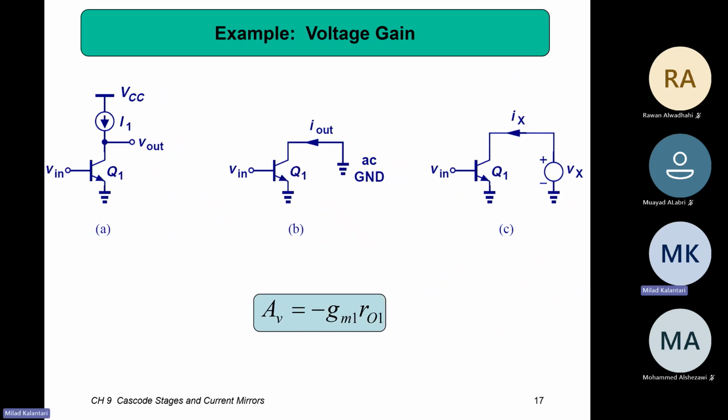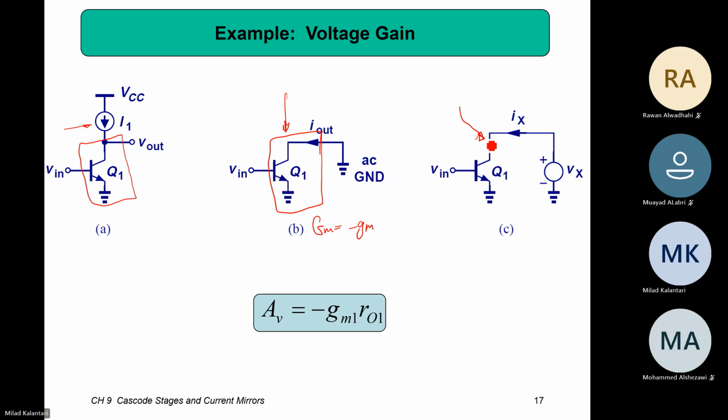So again, going back to here, let's say we have this common emitter. As we mentioned, we can bias it with some current source. If we want to calculate the gain, we can first find the GM of this box. You short circuit the output of the box and try to find the I out. If you do so, then the capital GM will be the small GM of this common emitter. And then you need to calculate the R out of the device.